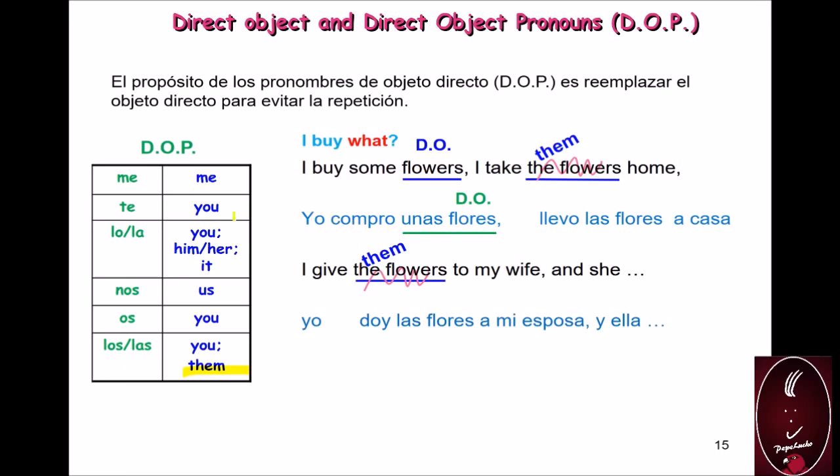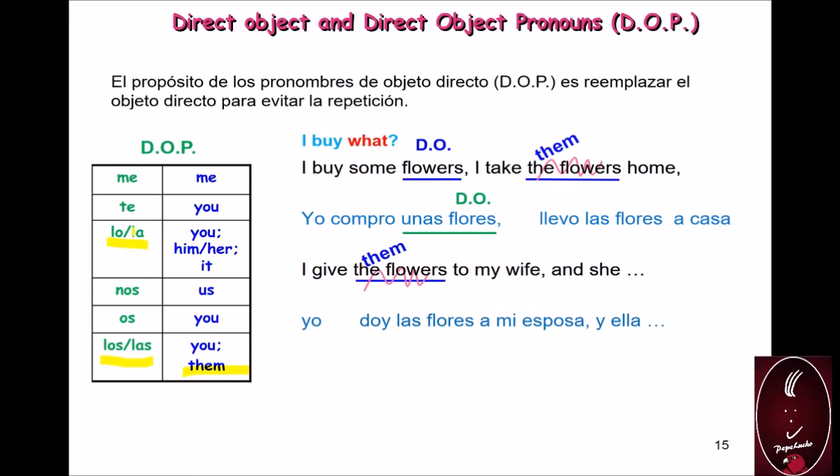In Spanish, I can use all of those direct object pronouns to replace a direct object when the direct object is a person. Or I can use just lo or la or los or las as a direct object pronoun to replace it when the direct object is not a person, is an object, is a thing.